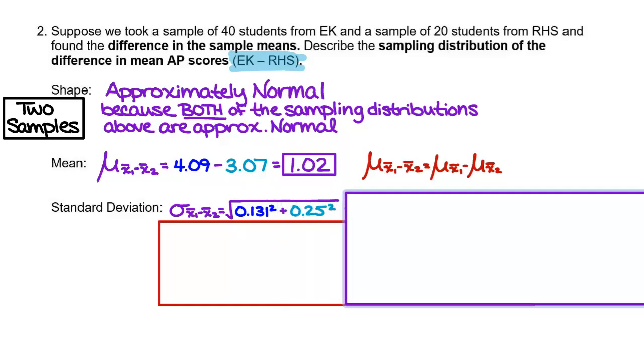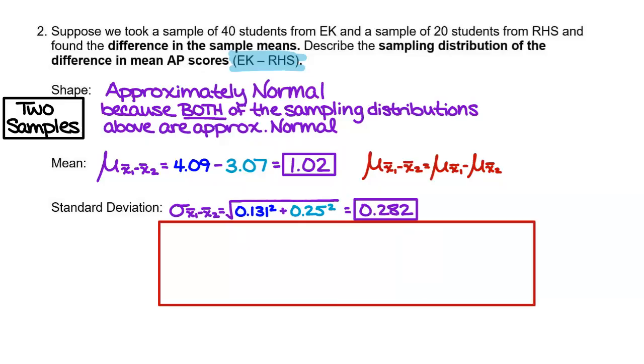Plus 0.25 squared. And then we're going to take the square root of that whole thing, because if I just add the squares together, I'm going to find the variance of this new sampling distribution, and I want the standard deviation of the new sampling distribution. We get about what? Yep, right about 0.282.